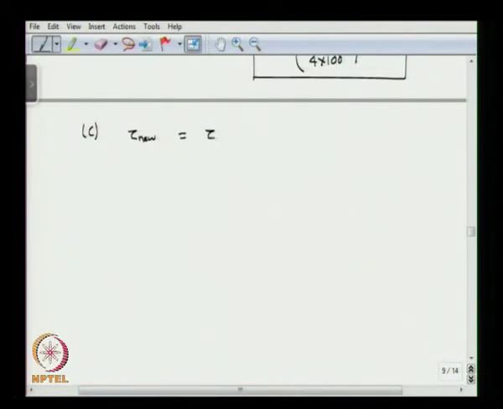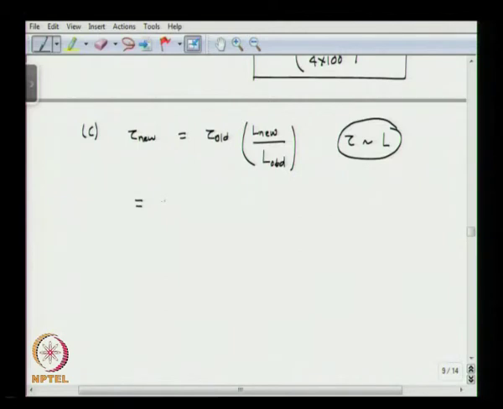So, tau nu will be tau old into L nu divided by L old, okay. So, diffusion time scale is proportional to the mixing path, okay. So, you can write tau nu equal to tau old into L nu over L old.